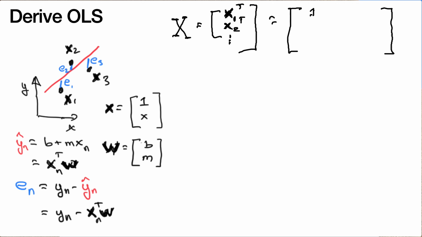So it's going to be 1s going down, and it's going to be x1, x2 going down. Again, just to remind you, boldface x are vectors, not boldface x is the x-coordinate. Okay? So this is our design matrix.